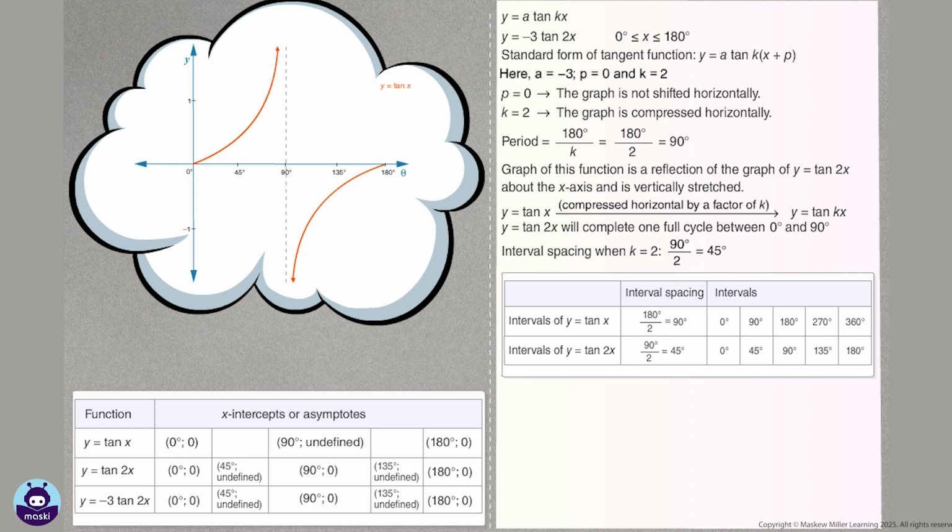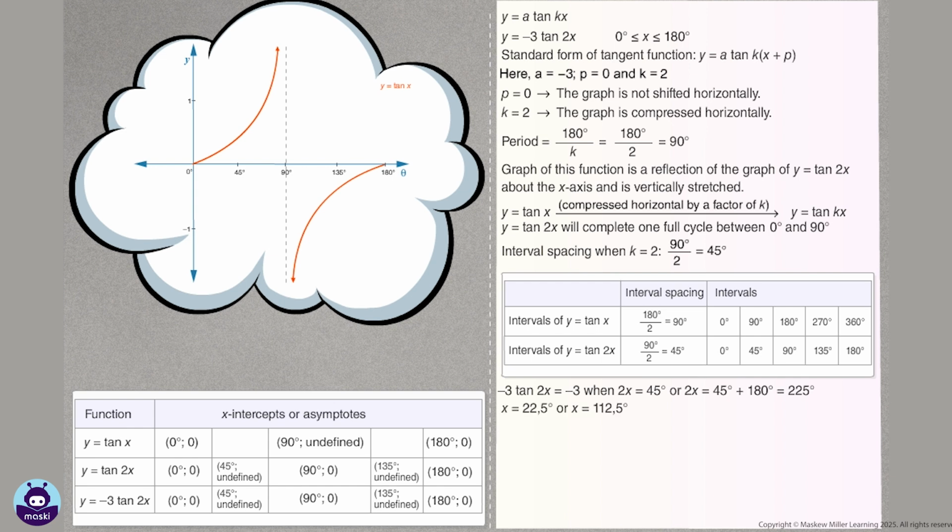We shall add two more sets of points to the critical points, namely when -3 tan 2x equals -3 and when -3 tan 2x equals 3. -3 tan 2x equals -3 when 2x equals 45 degrees, or 2x equals 45 degrees plus 180 degrees equals 225 degrees.